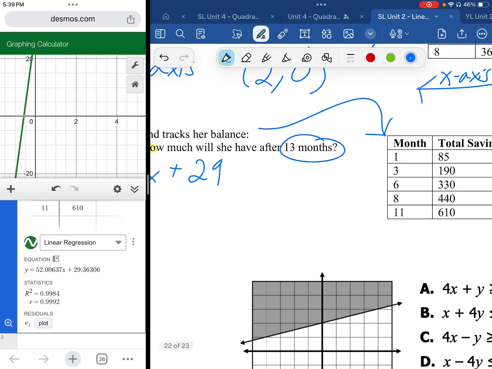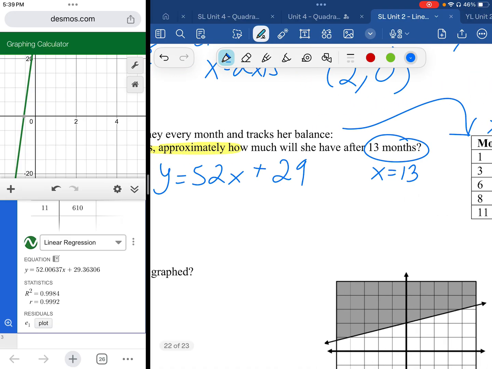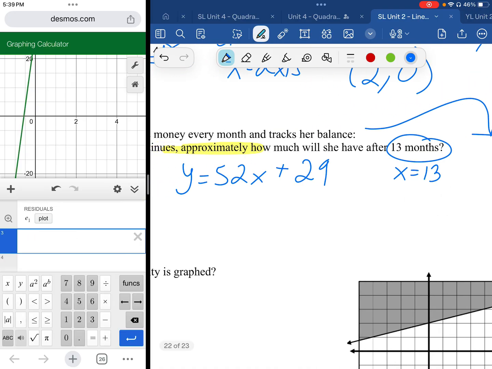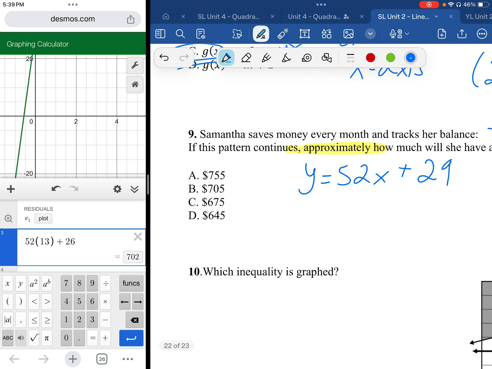If we look at our table, months is x, so this is x equals 13. So we could do the math right here in Desmos. We can go 52 times 13 plus 29. Desmos gives me 702. Well, my closest answer is going to be B, 705.